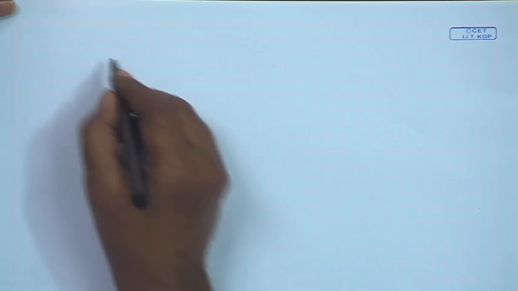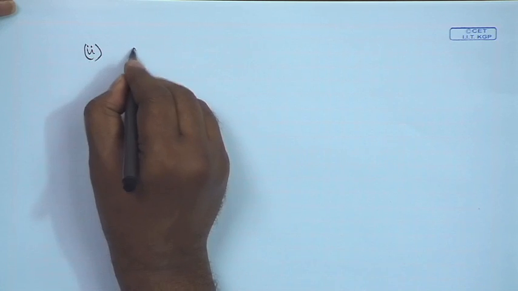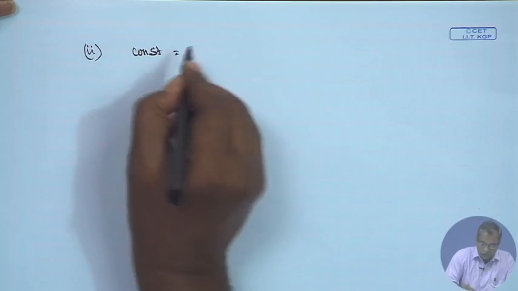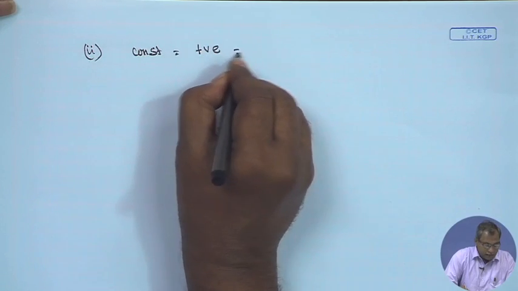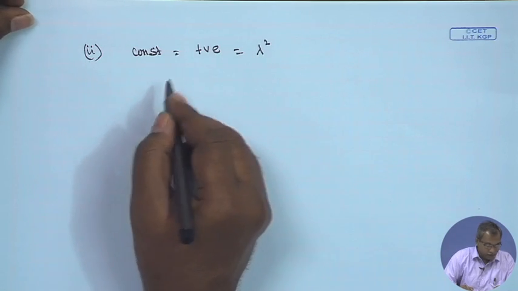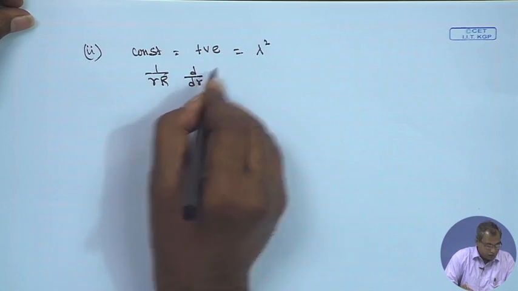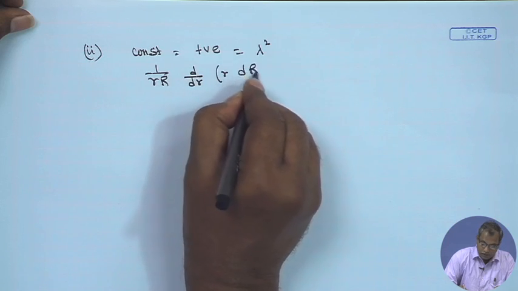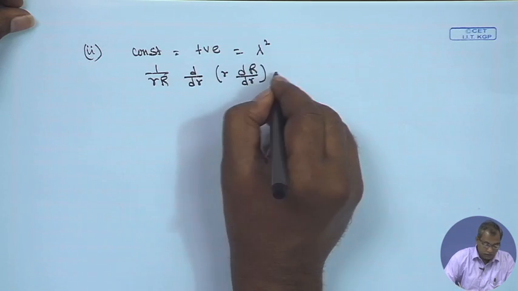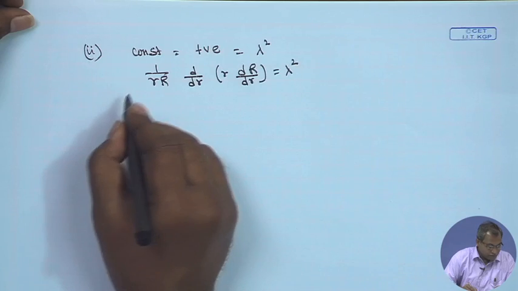The next possibility is that this constant is positive, and let us say it is lambda square. So this becomes 1 over r d dr of r dR dr is equal to lambda square.